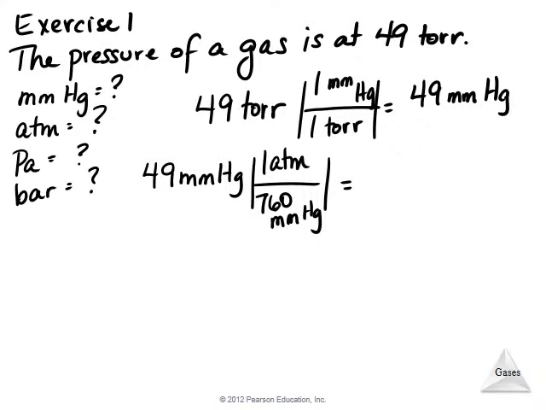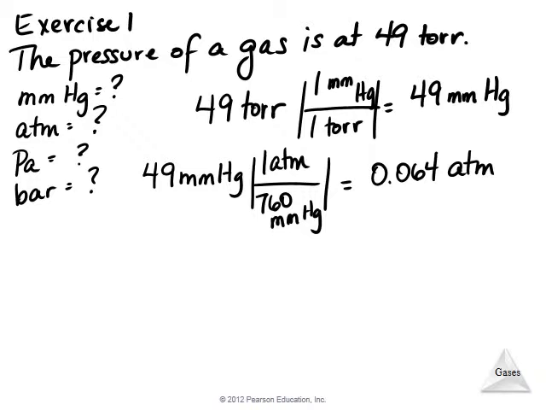And so if I divide 49 divided by 760, I get 0.0644736842. Still, rounded off to 2 significant figures. So I'm going to round that off to 0.064 atmosphere. Okay?